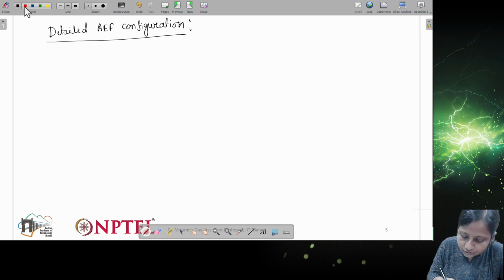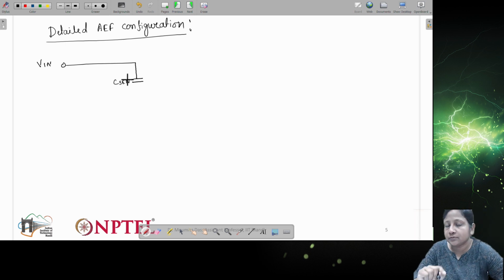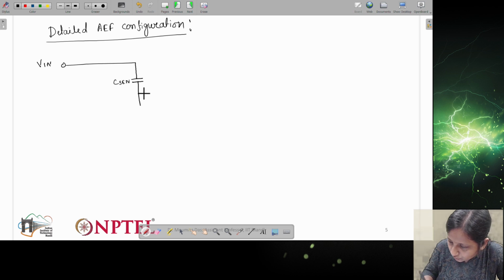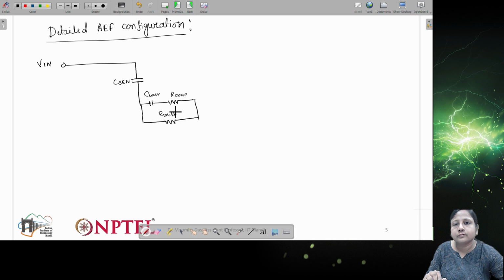So let me start from the converter side. This is V in, which is connected to the converter. Now let me expand in terms of capacitance, resistance, inductance, right? This is the C sensing, which I have represented in terms of Z sensing. It will be connected to the compensator, C compensator and R compensator. Right? And these will have one feedback network connected, RDC, right?